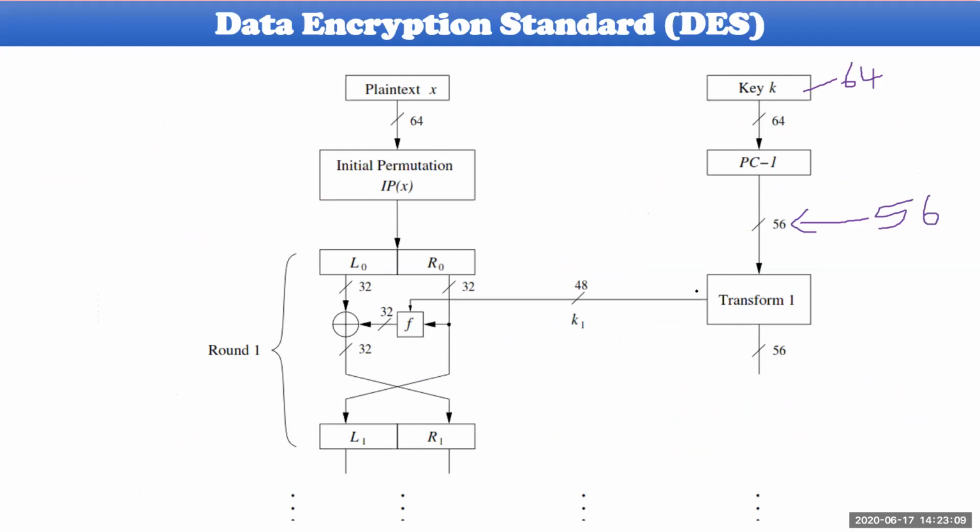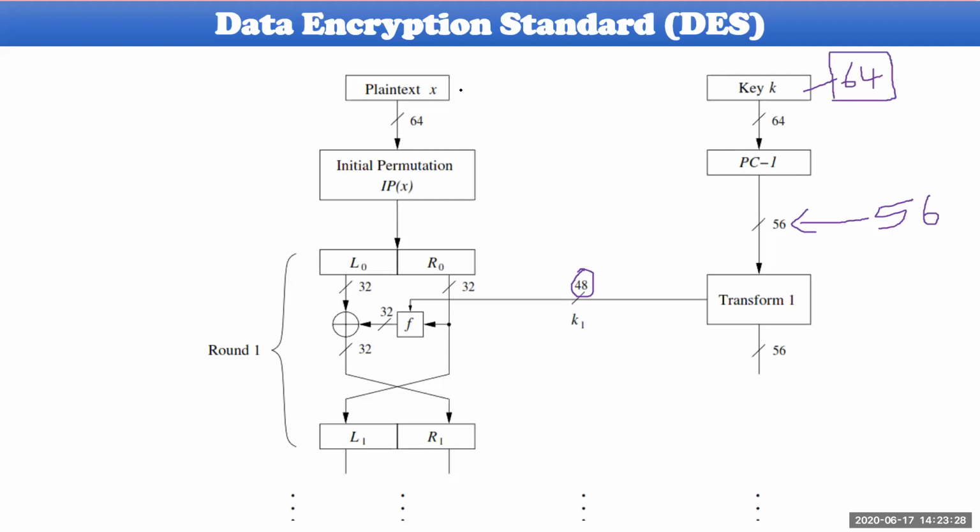Transformation will happen here, and again these 56 bits will be transformed to 48 bits, so that it could be sent to the function. The size of your actual key is 64 bits only.